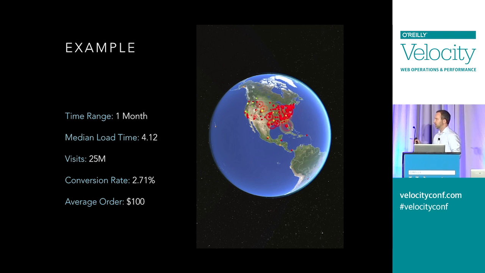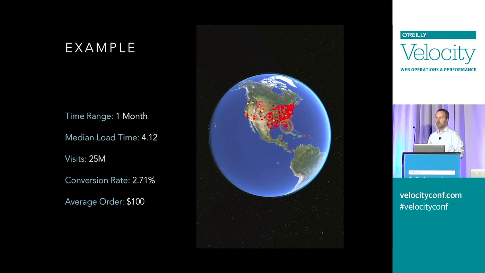So here's an example from one site that's a big e-commerce site. We looked at a month's worth of data, okay? And the median load time for that site was 4.12 seconds. So in this example, the site gets 25 million visits over the course of that month. Its conversion rate is 2.71%, right?